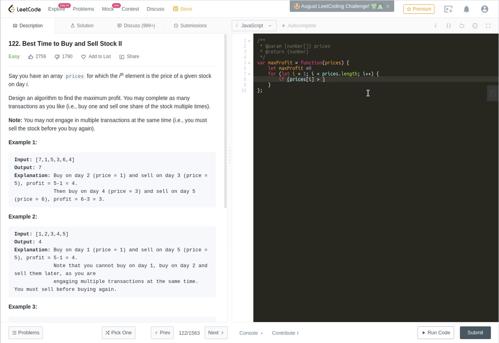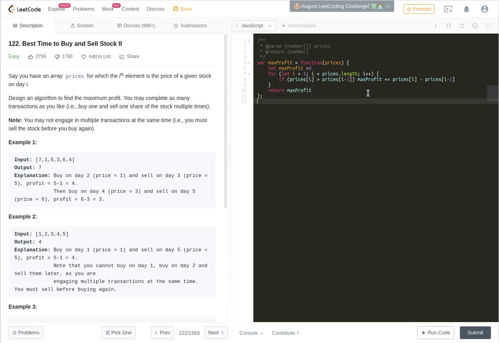So if prices[i] is greater than prices[i minus 1], then max profit plus equals, so max profit equals max profit plus prices[i] minus prices[i minus 1]. That's it. And then just return your max profit.